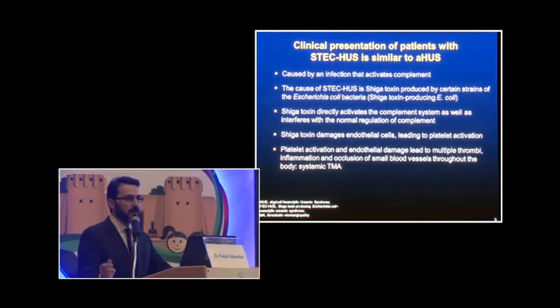Most of you are really aware of the typical one, which we call STEC HUS, which is usually caused by an infection that activates the complement. The cause of STEC HUS is Shiga toxin produced by certain strains of E. coli. Shiga toxins directly activate the complement system as well as interfere with the normal regulation of complement.